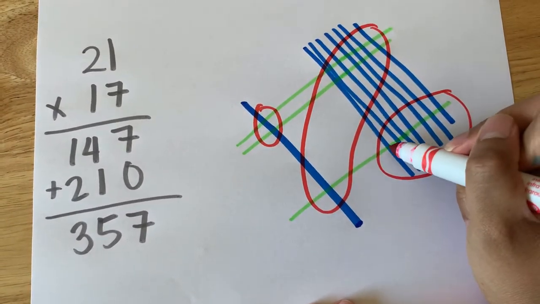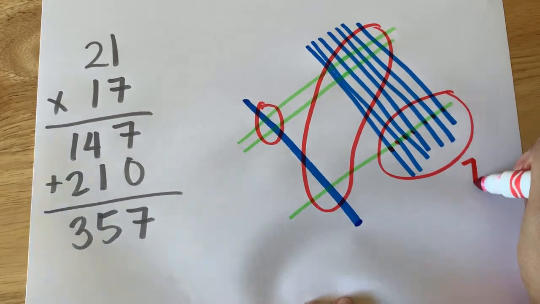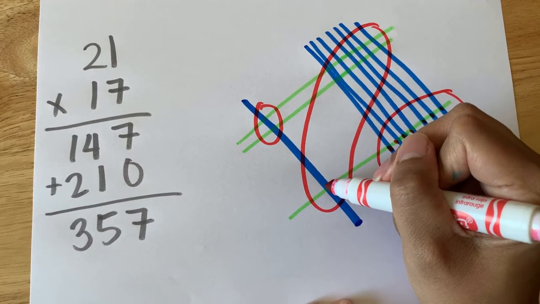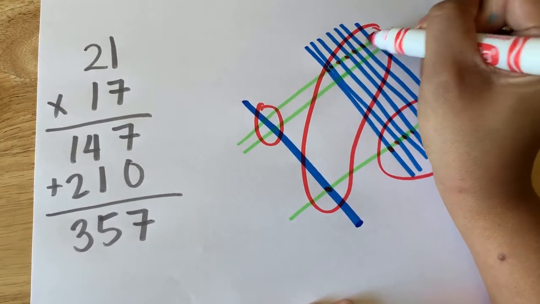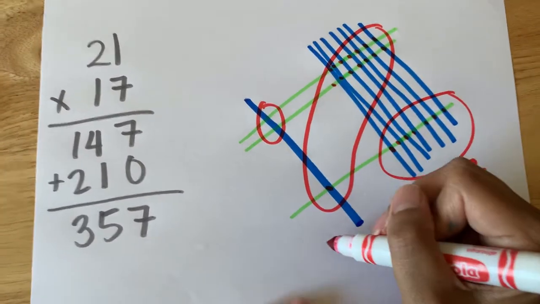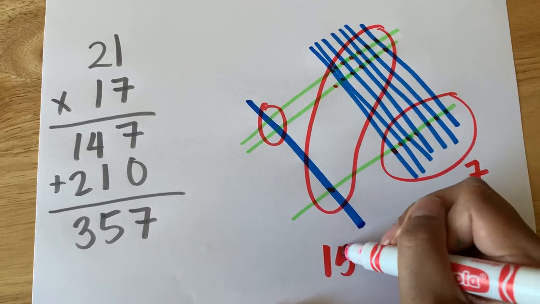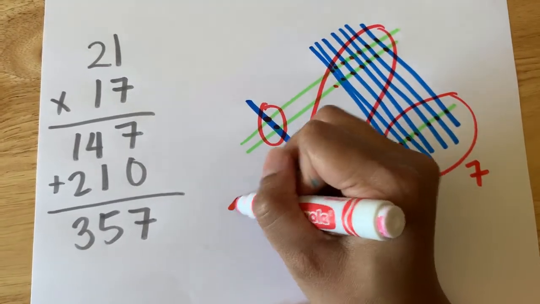So, counting all our intersections, 1, 2, 3, 4, 5, 6, 7. And now our middle section, 1, 2, 3, 4, 5, 6, 7, 8, 9, 10, 11, 12, 13, 14, 15. And then our last group, there's 2 there.